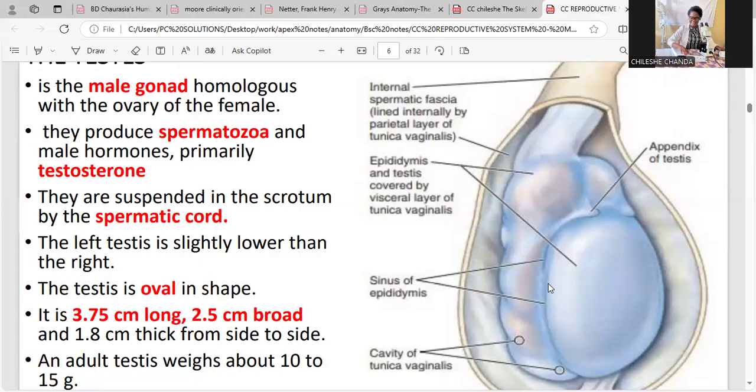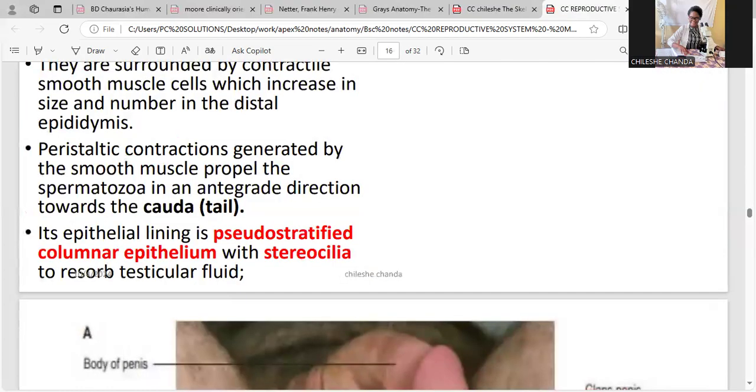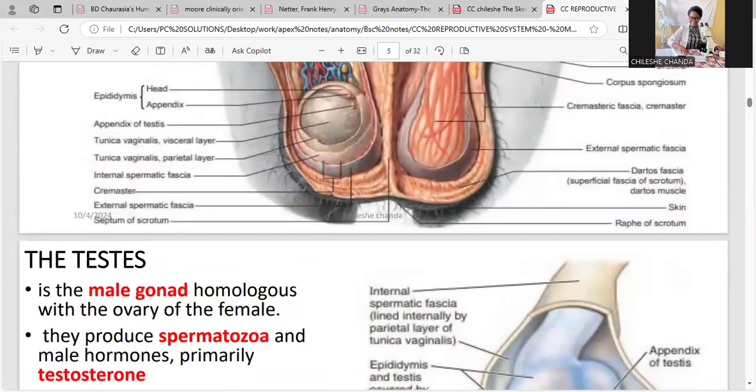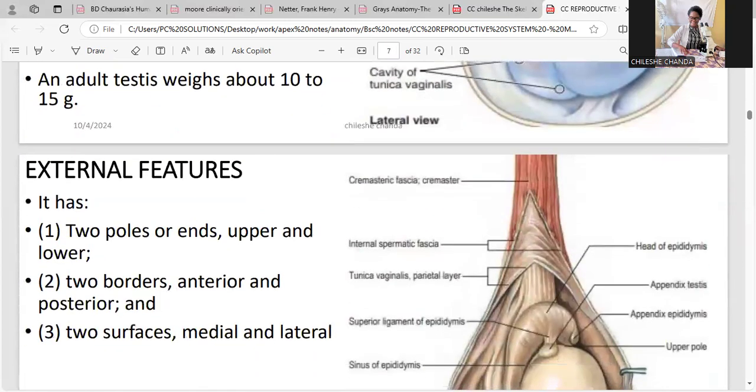It is about 3.75 centimeters long, 2.5 centimeters broad, and 1.8 centimeters thick from side to side. All right. An adult testis weighs 10 to 15 grams, so not very heavy, okay?